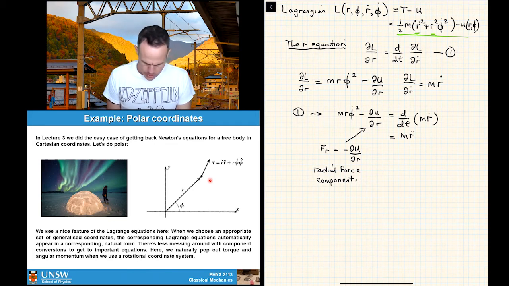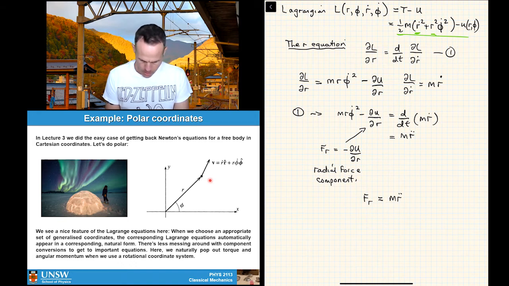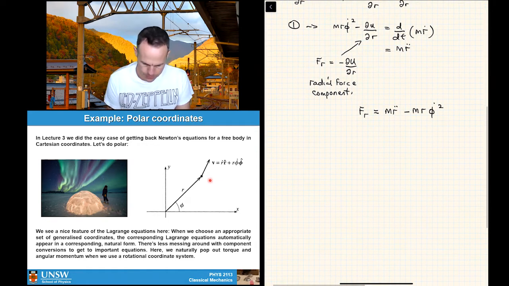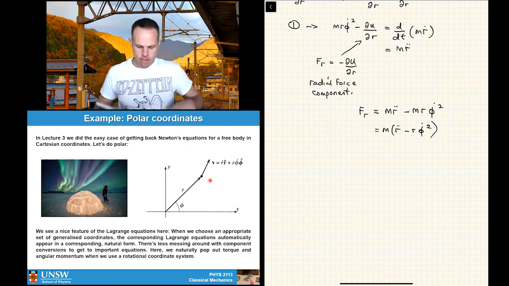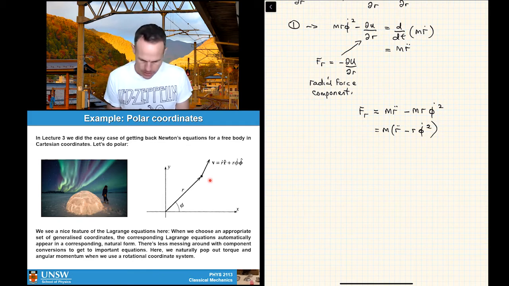Okay, so this thing here now we can rewrite as basically F of r is equal to m r double dot minus m r phi dot squared. We can carry the mass out the front. Like so.